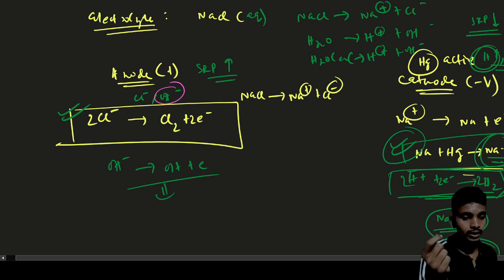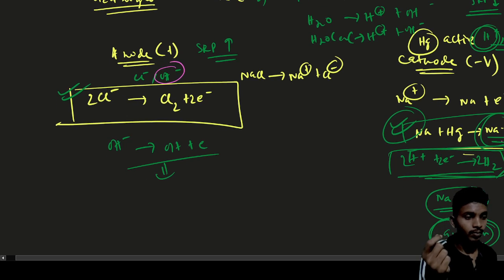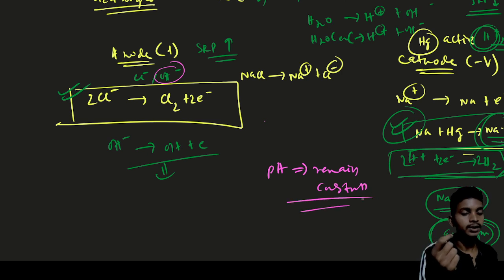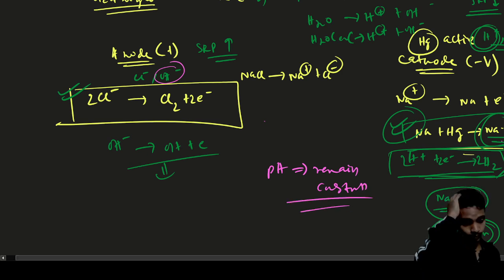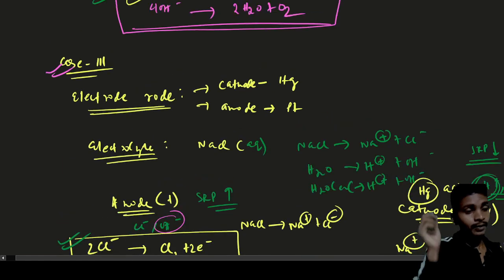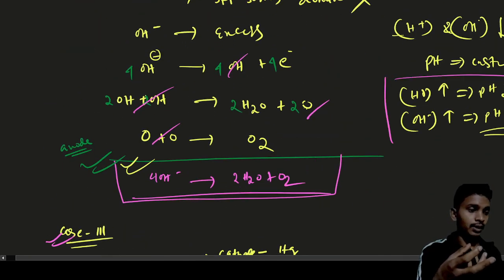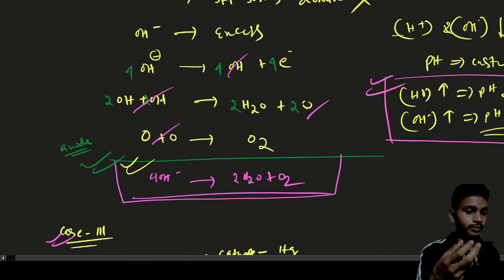Okay, here also H and OH- both are consumed, which means pH remains constant. So you understand that if in the solution H+ and OH- are not used, then pH will decrease or increase. So like this we can understand from here.